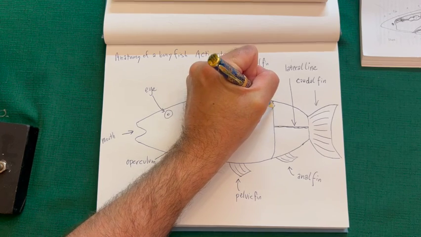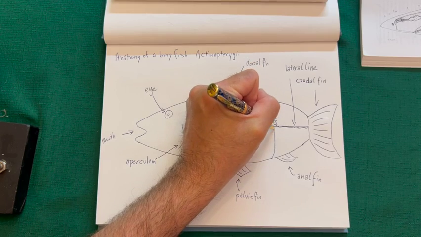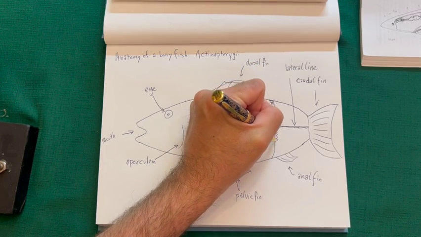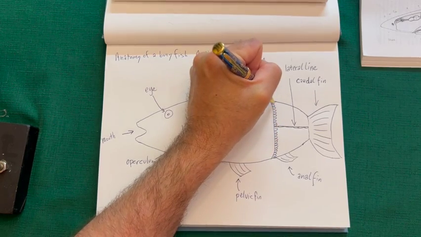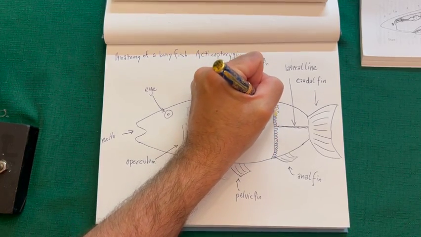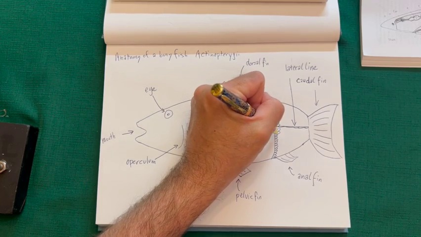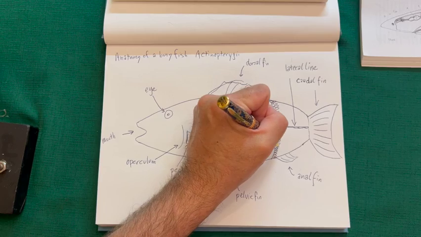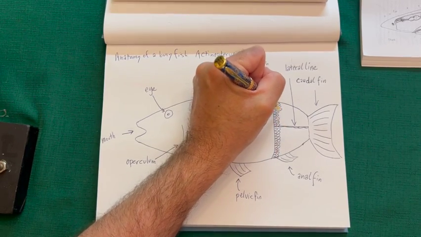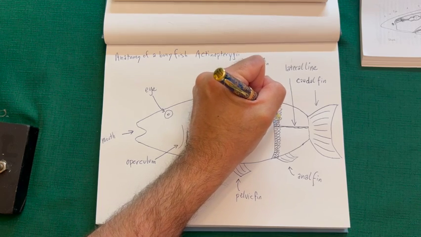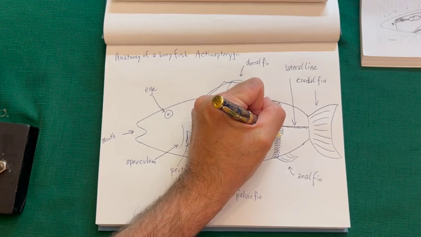Another thing we see in bony fish is they are scaly. So trying to surround that lateral line, I'm going to put a whole bunch of these ctenoid scales on here. Now, bony fish have different types of scales from cartilaginous fish like sharks and rays and skates.